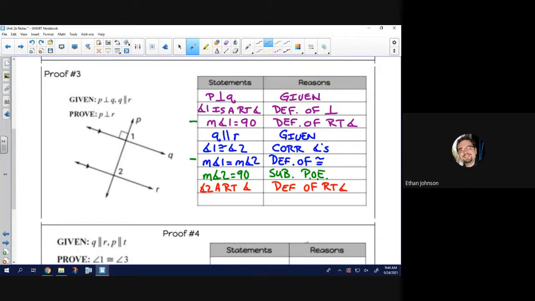Well, and if we have two lines that make a right angle, that tells us that those lines are perpendicular. So P has to be perpendicular with R. Definition of perpendicular.